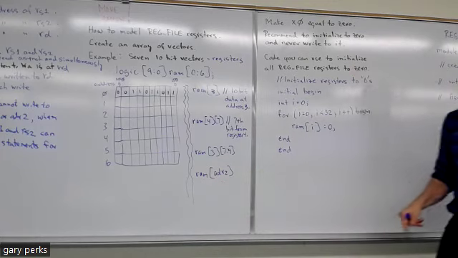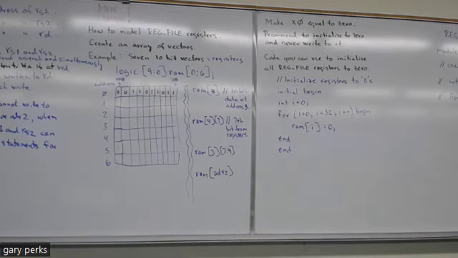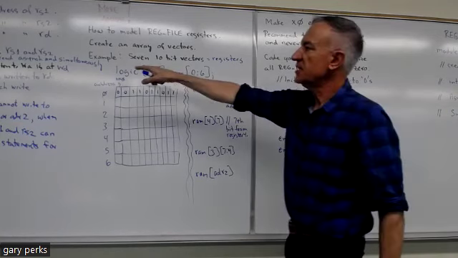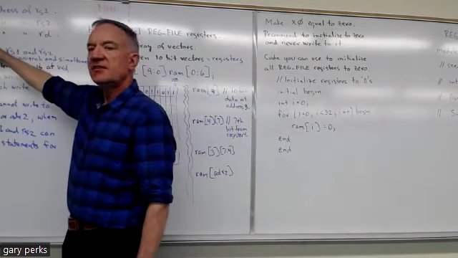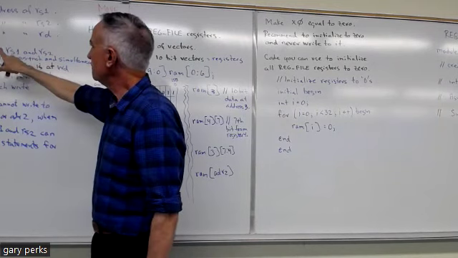Now comes the tough part. I've given you a lot of this, but the one thing you're going to have to figure out is the sync write, because remember we have WA and WD.